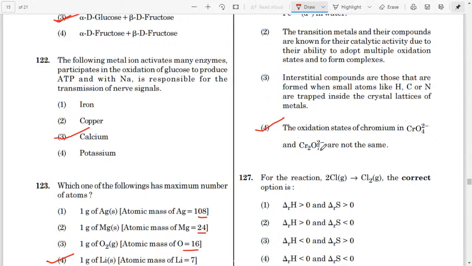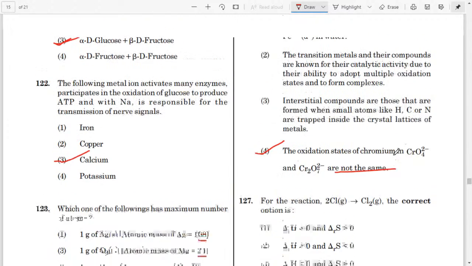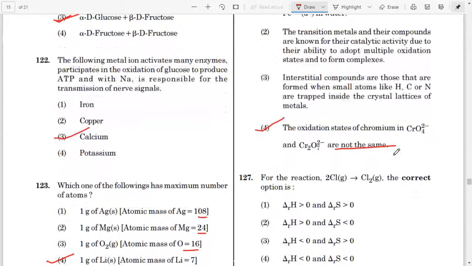Here it is 7 times 2 is 14, 14 minus 2 is 12, 12 by 2 is plus 6. But they are saying not the same. Here also chromium is 6 plus and here also chromium is 6 plus. So option 4 is the incorrect statement. So option 4 is the correct option, students.